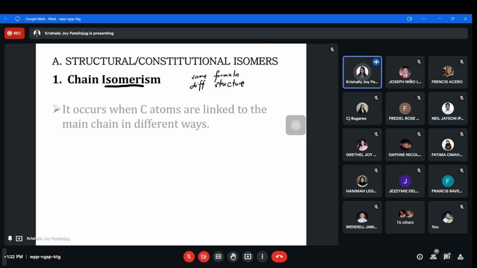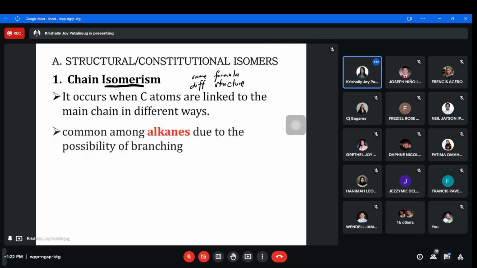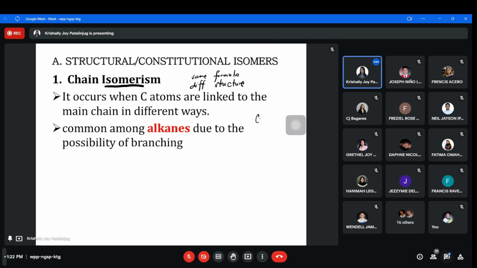Okay. Kapag chain isomerism class, listen, this commonly occurs among alkanes. So you know already what are alkanes. You have encountered many alkanes. Kapag alkanes, carbon to carbon single bond or carbon to hydrogen single bond. So class, kapag chain isomerism, this is only observable among alkanes because yung alkanes, they have that nature of branching.